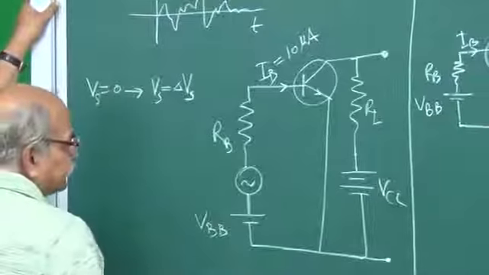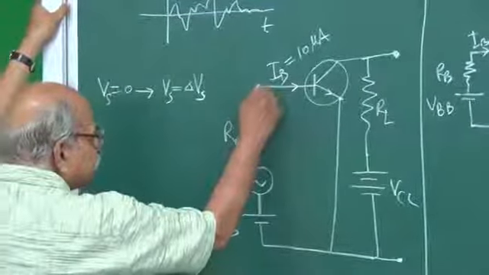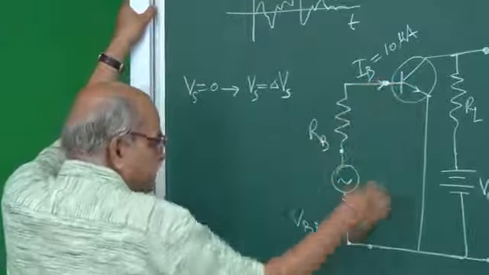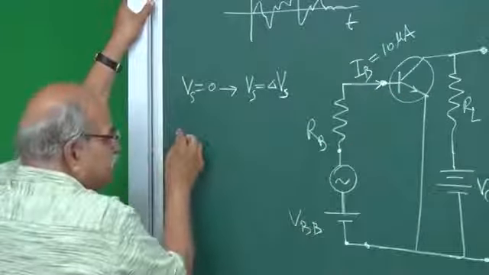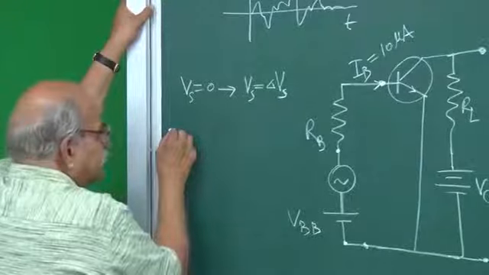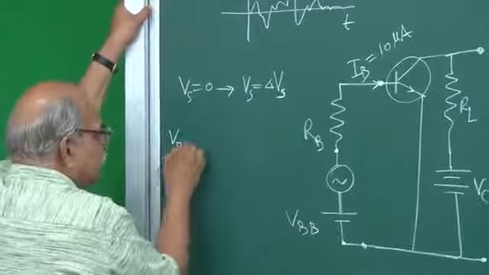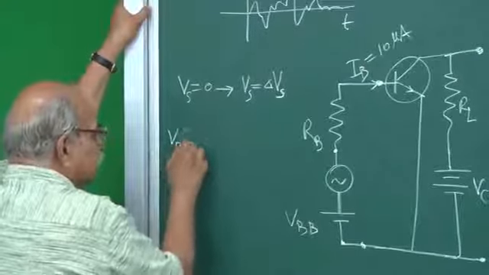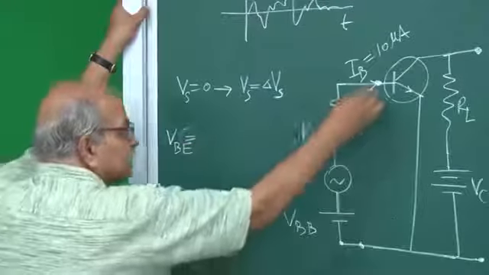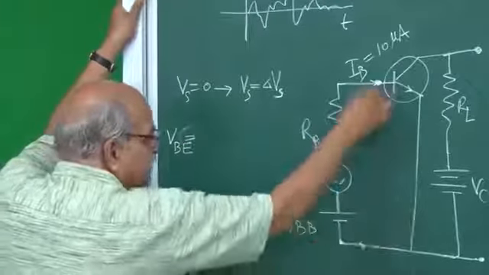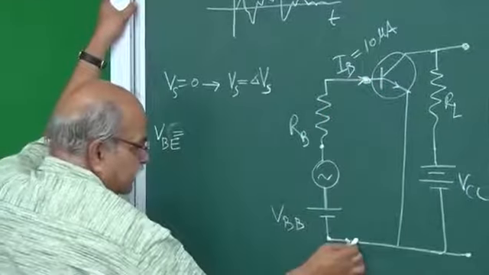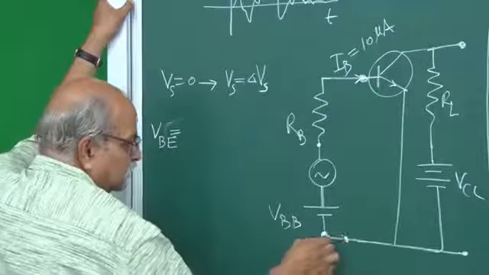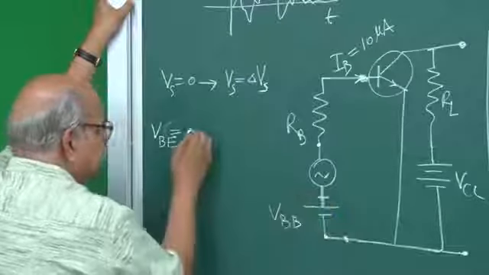And if you write the equation, what is from this point to this point? This is VBE. So, let me write VBE equal to. I am trying to write VBE, this voltage. What is this voltage? Here this is 0, so this is VBB.